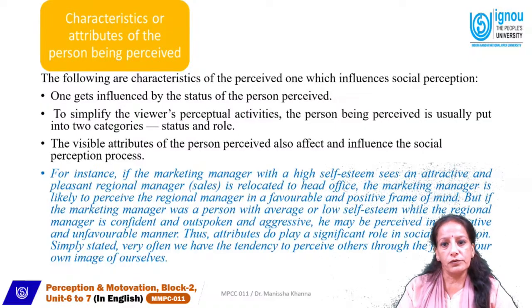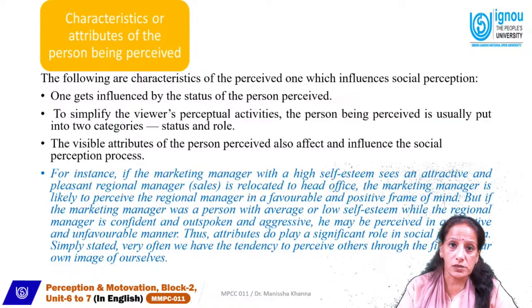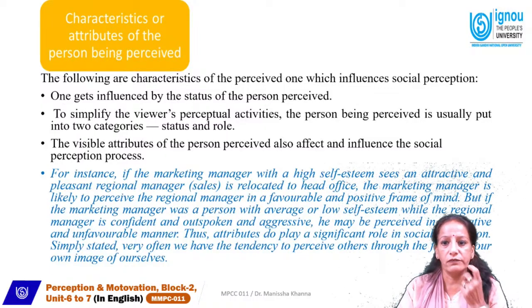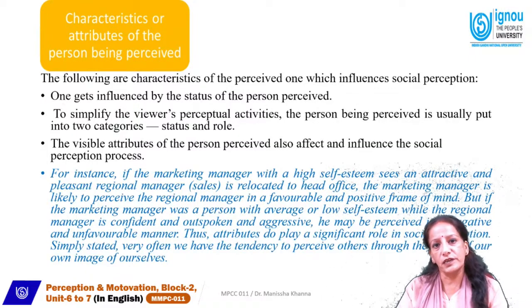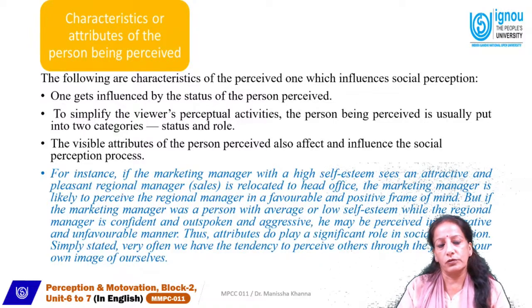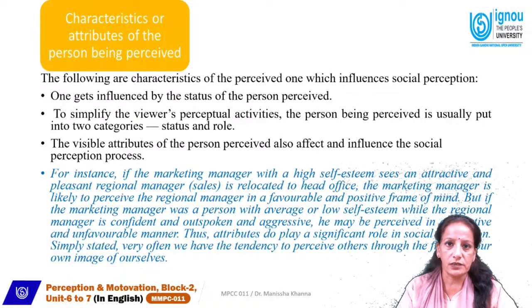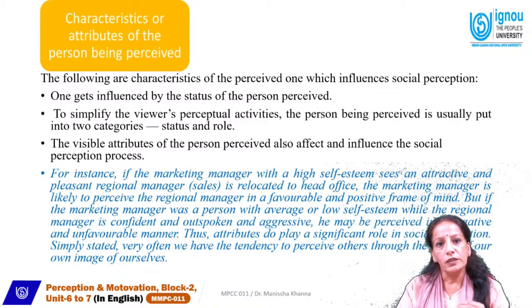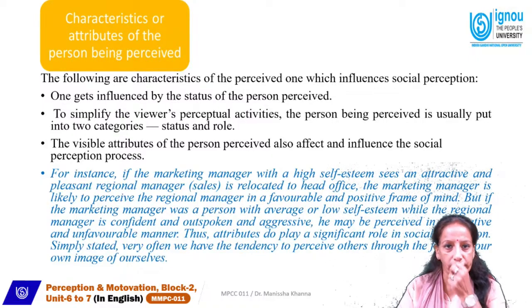For example, one gets influenced by the status of the person perceived. To simplify the viewer's perceptual activity, the person being perceived is usually put into two categories: one is status and one is role. So social perception is influenced by the status or the role of that person, and the physical attributes of the person perceived also affect and influence the social perception process.